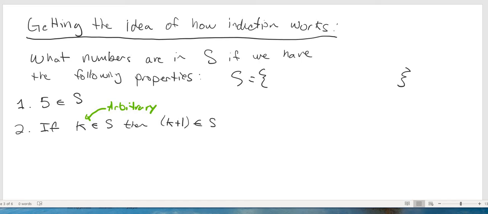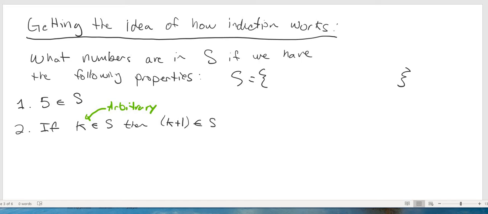So if you have 5, automatically you need to include 6. Now you have 6, so the number that comes after 6 also has to be included. That's the rule. If you have 5, 6 has to be here. If you have 6, 7 has to be here. I don't know if you see the pattern here.